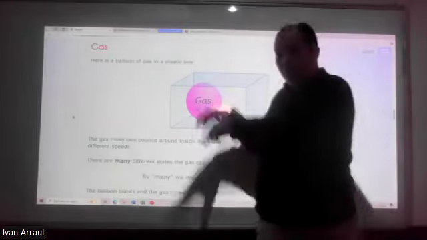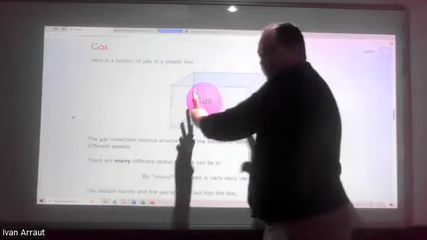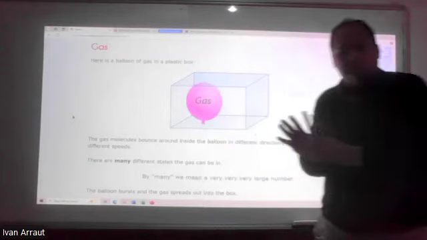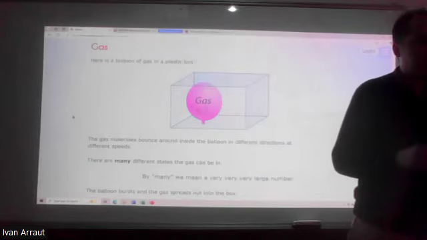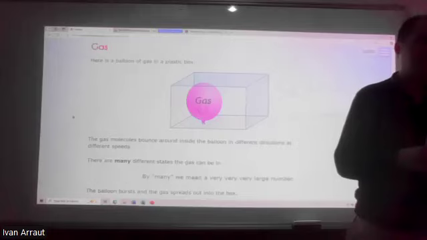When I explode this balloon, boom, then the gas expands spontaneously. All the spontaneous processes increase in entropy.